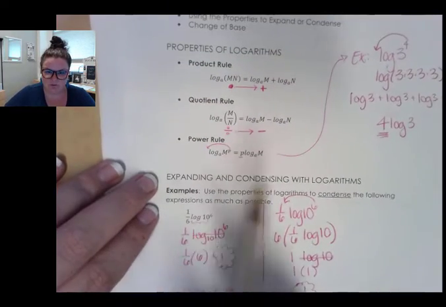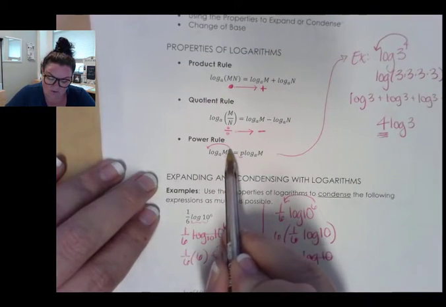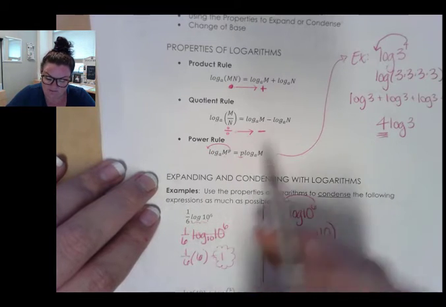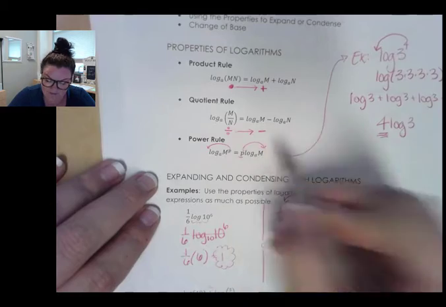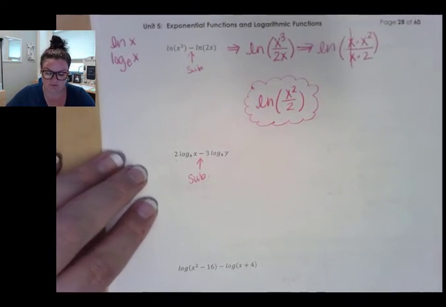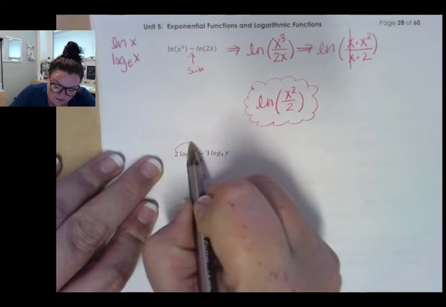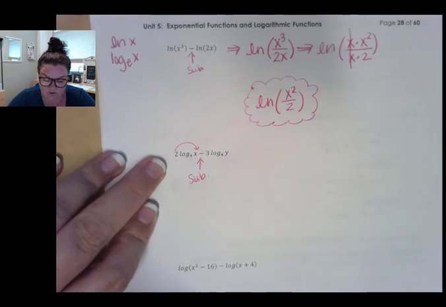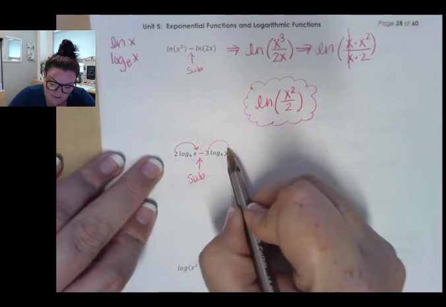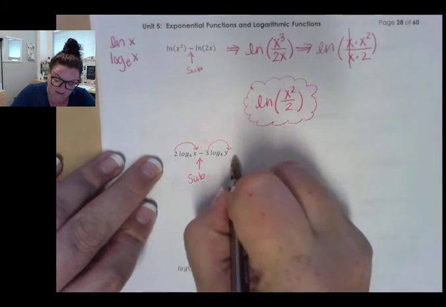So remember, the power rule says that if I have an exponent, I can bring it down in front, it also says that if I have something in front, I can put it back up in the exponent. So that's what I'm going to do for this second example. I'm going to take this 2 and put it back up in the exponent of my x. And I'm going to take this 3 and put it back up in the exponent of my y.